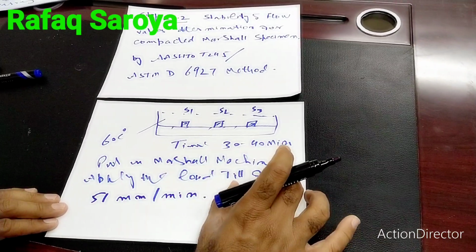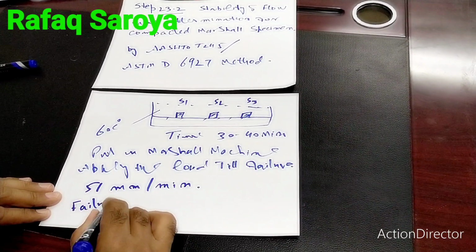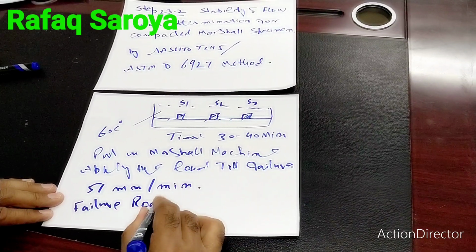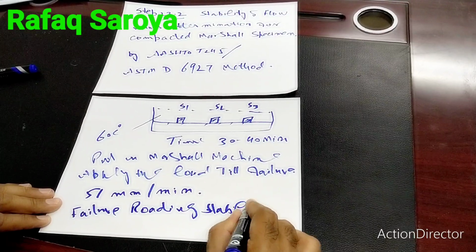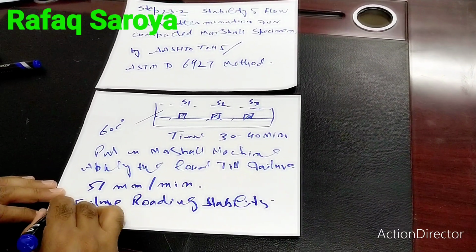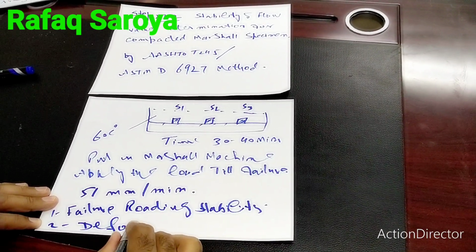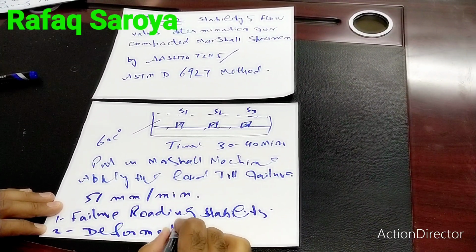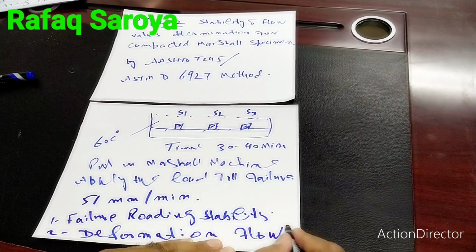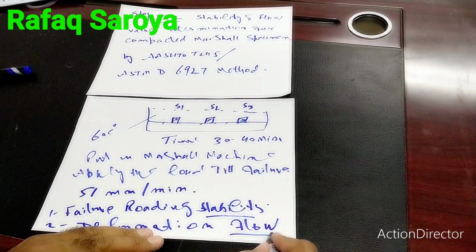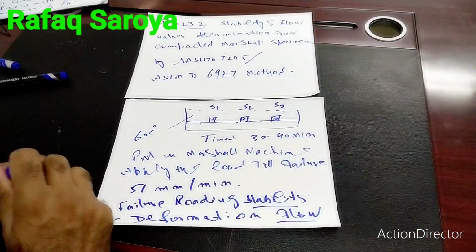Here I will note the failure reading, which is the stability. Second, I will note the deformation, which is the flow reading. I will basically calculate these two quantities, stability and flow, and then next the stiffness will be calculated by their ratio.